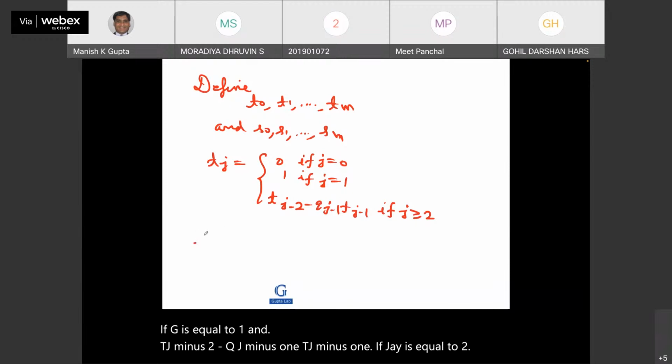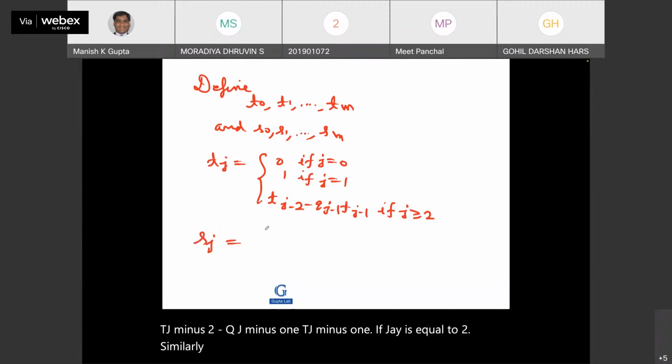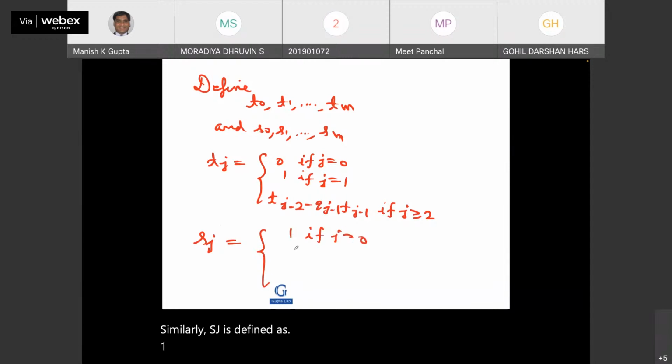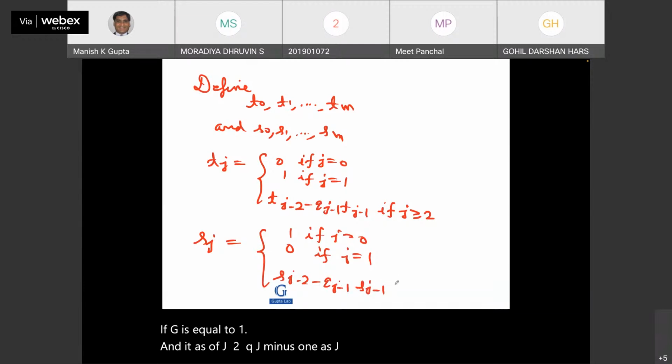Similarly, sj is defined as 1 if j is equal to 0, 0 if j is equal to 1, and s(j-2) - q(j-1) s(j-1) if j is greater than or equal to 2.